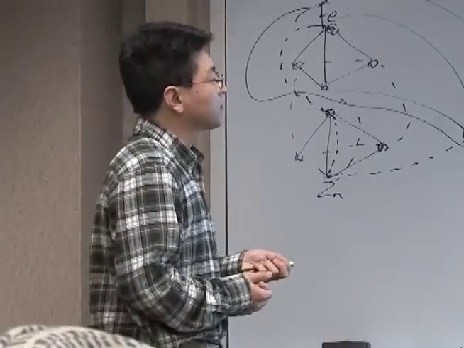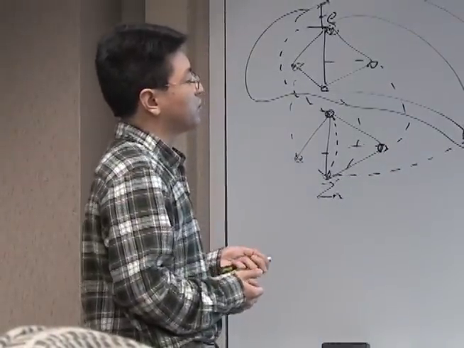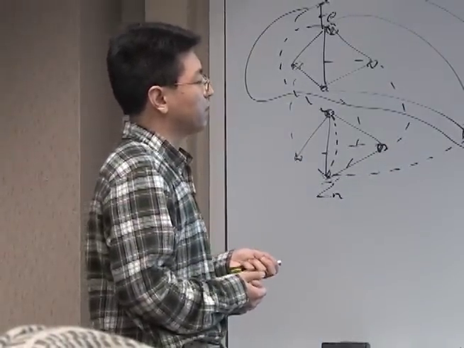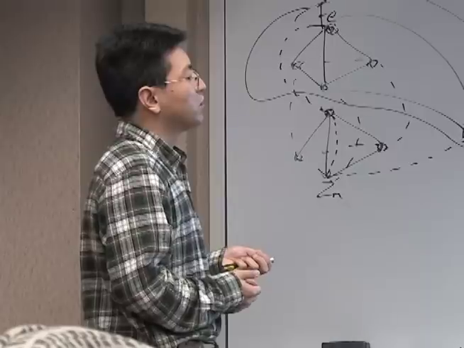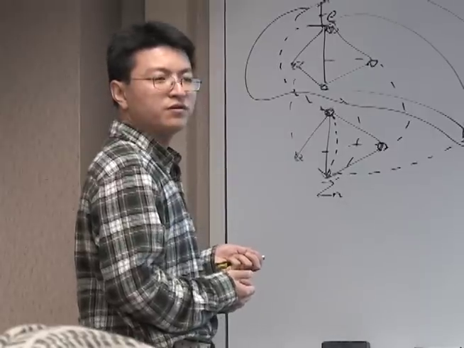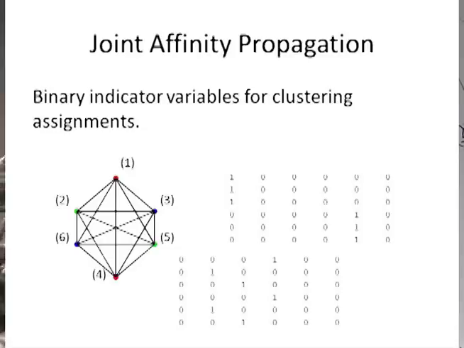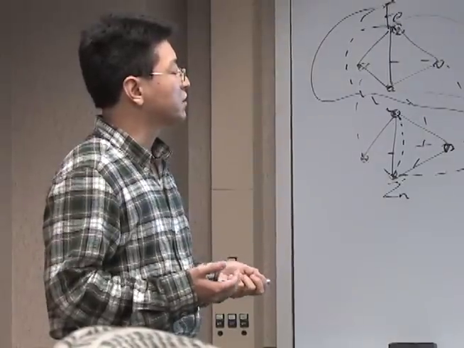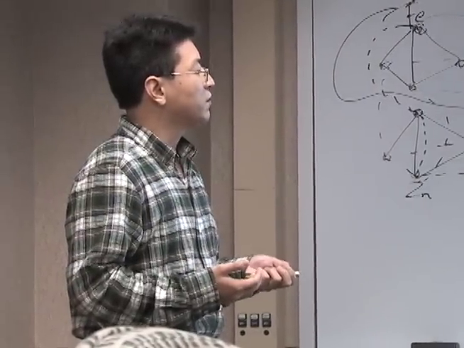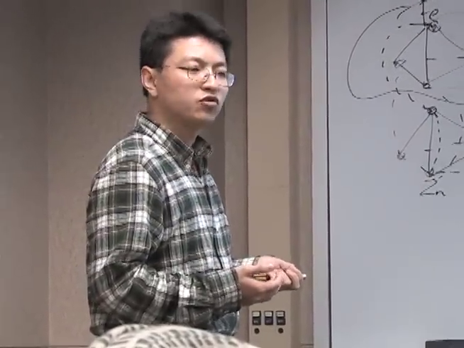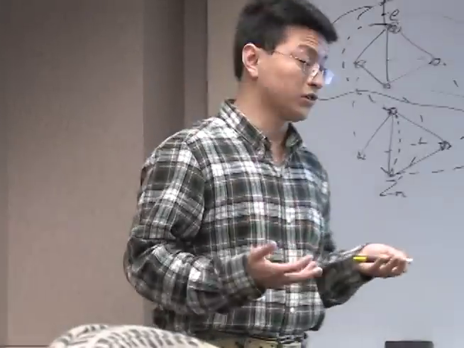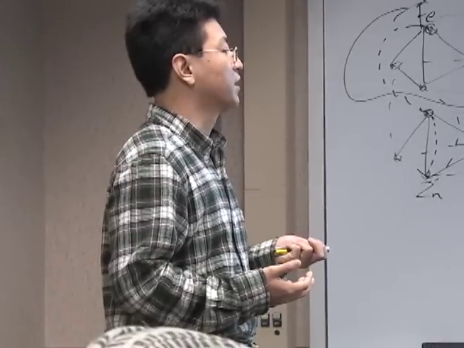And this corresponds to the edge cluster. For example, if you look at the first column, 1, 2, 3 all prefer this one to be the exemplar. So this is an edge cluster. And similarly, the fifth column says 4, 5, 6 all prefer this one to be the exemplar. Then I have two clusters.